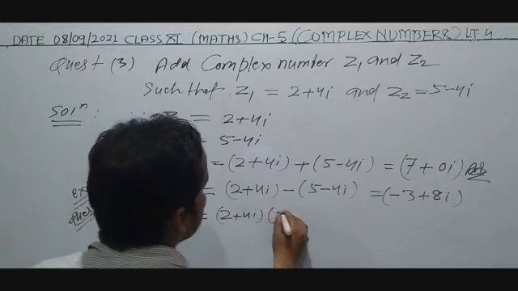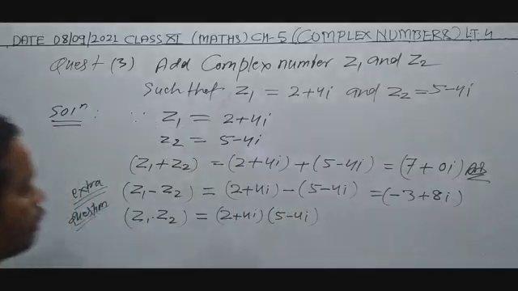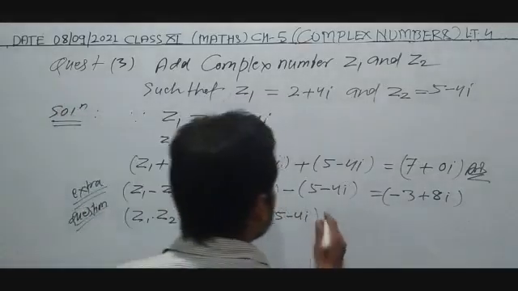So Z1 into Z2 result will be 2 plus 4i and 5 minus 4i. You have to multiply. What will be the result?